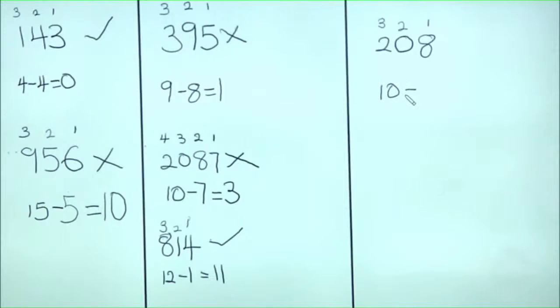What is the digit at the even place? It is 0. So 10 minus 0 will give us 10. And is 10 divisible by 11? No, 10 is not divisible by 11. Therefore, 208 is not divisible by 11.